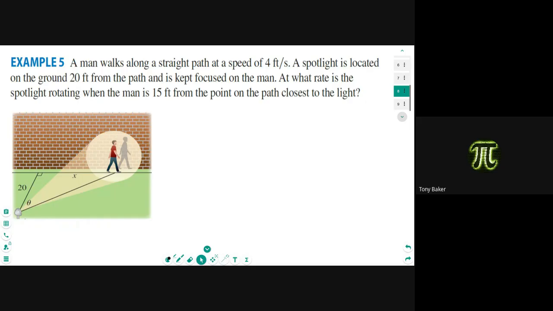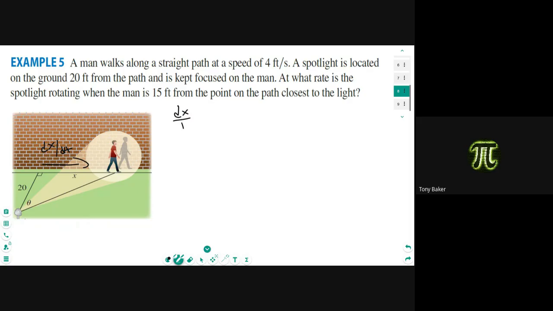All right, so we have our cool picture. Still a right triangle. So we're going to use right triangle trig, which would be nice. All right, what information did they give us? Yeah, so that's dx dt.